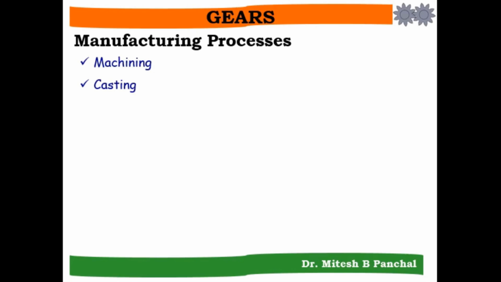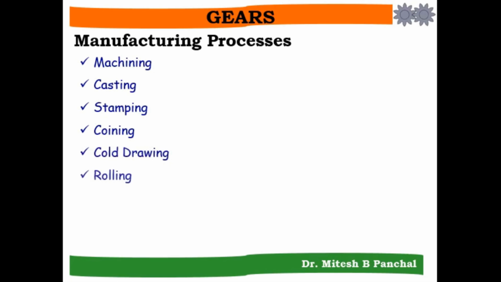Stamping: for ductile material, stamping is generally used to manufacture small gears. Coining is nothing but pressed stamping. Also cold drawing, rolling and extrusion.